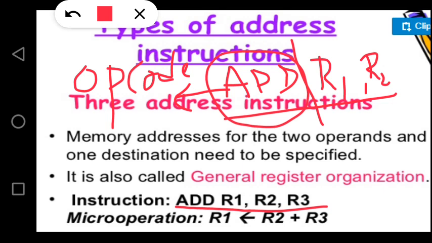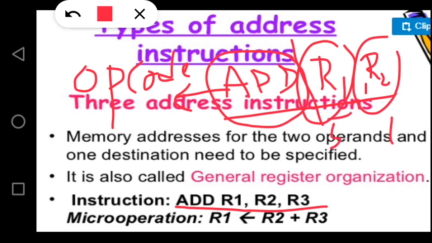Then one output will come that goes to the ALU. The ALU identifies that it has to perform an addition operation, so it concerns the IR and fetches the operands. Here the operands are register R1 and R2, which are general purpose registers. The ALU performs the addition of the values stored in R1 and R2. If R1 contains 5 and R2 contains 10, the ALU performs the addition and the result is 15.